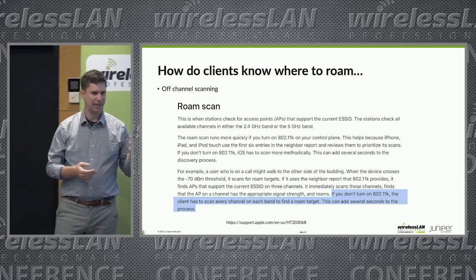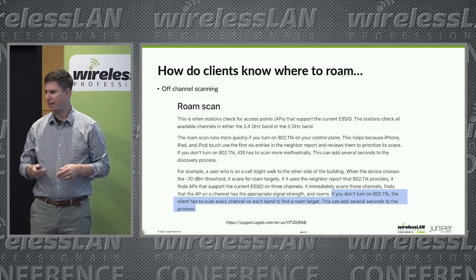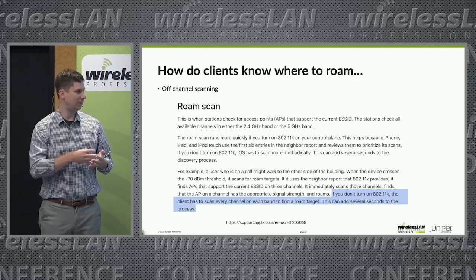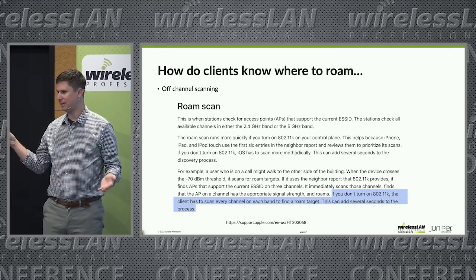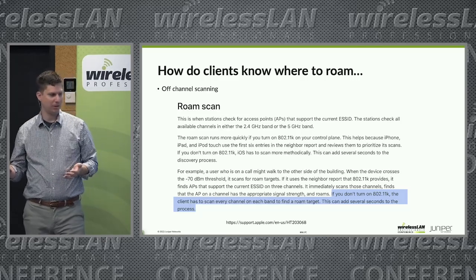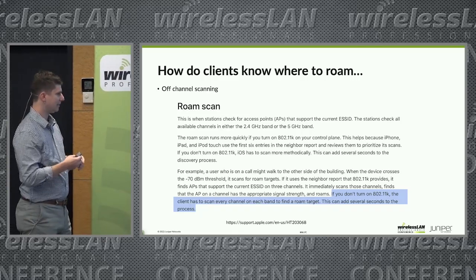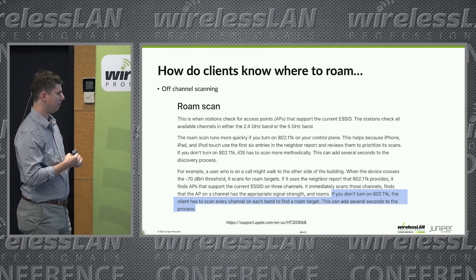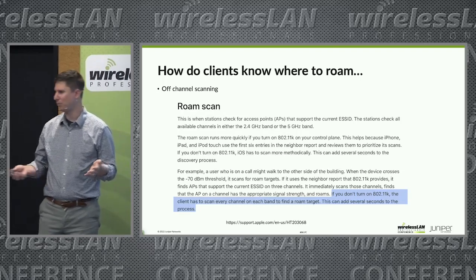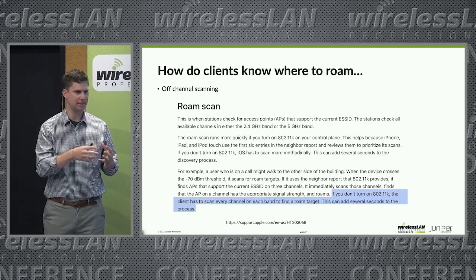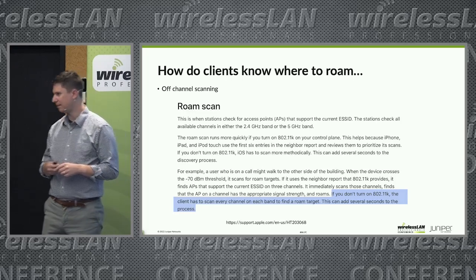But there's some language in here that if you don't have 11k enabled, then the client is going to scan all the channels. It doesn't know any better. So as you get into 6 gigahertz, where there are a lot more channels, this becomes a lot more important: this idea of having a narrowed list of channels to scan.